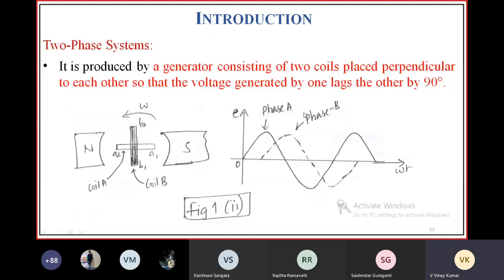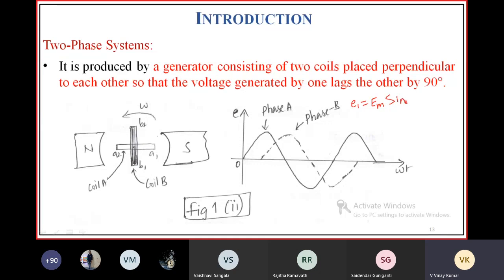Now, what will be the voltage produced by coil 1? Let E1 be the voltage produced by coil 1, that is E1 = Em sin omega t.